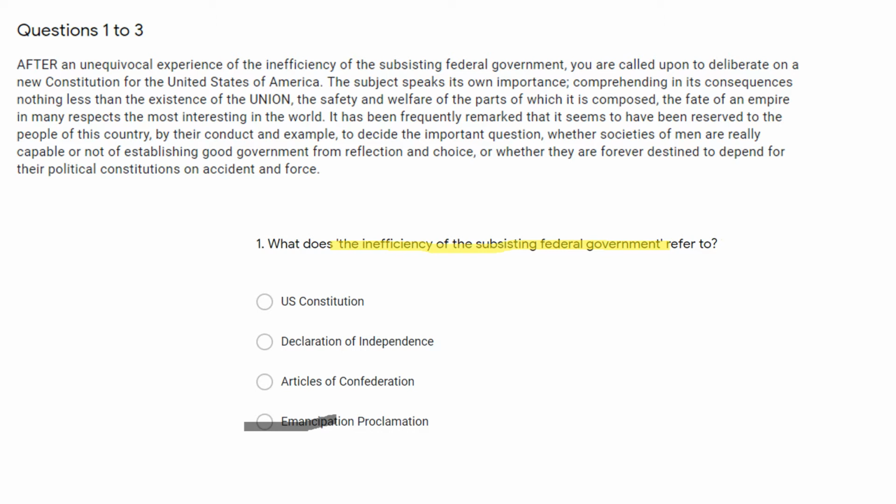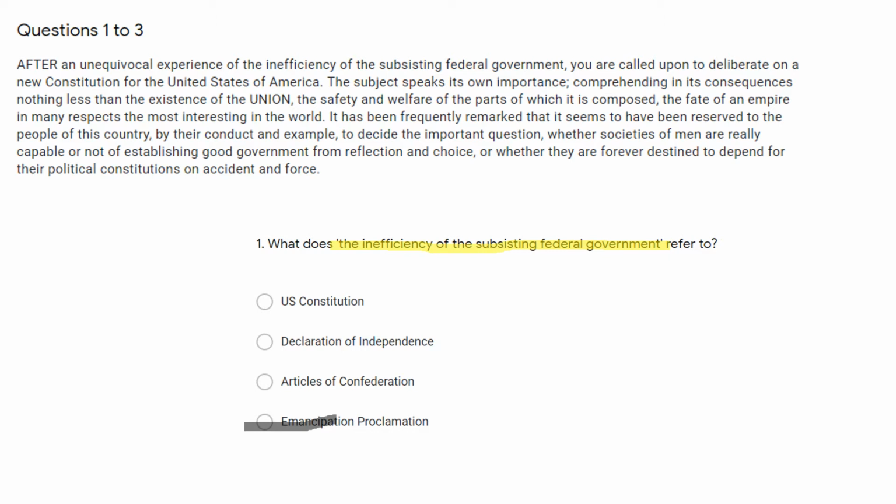We are talking about making the Constitution. We're talking about the late 1700s, around 1787, when they were having the Constitutional Convention, not 1863. So take away the Emancipation Proclamation. So is it the US Constitution, the Declaration of Independence, the Articles of Confederation? Let's look at the passage.